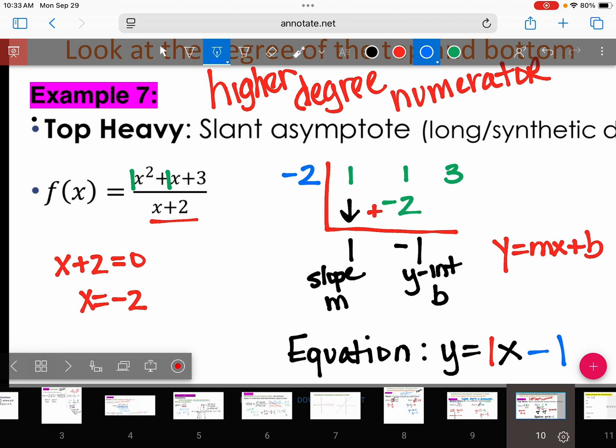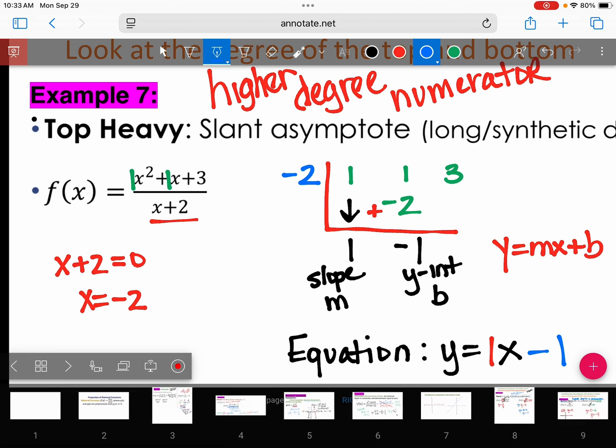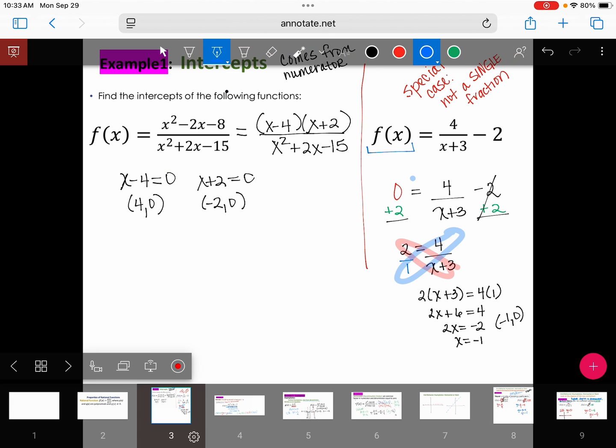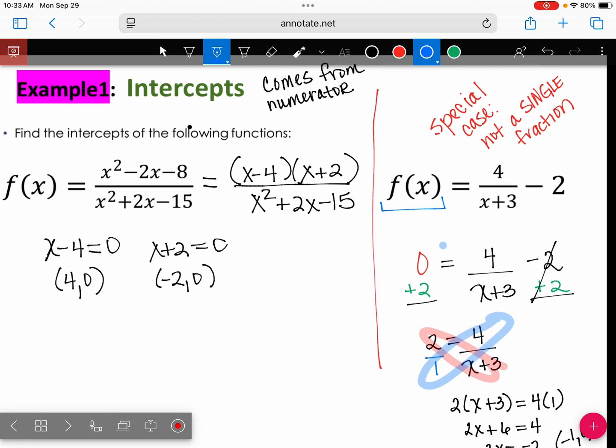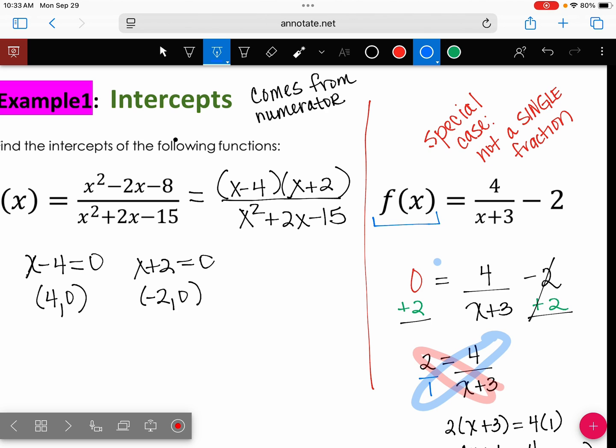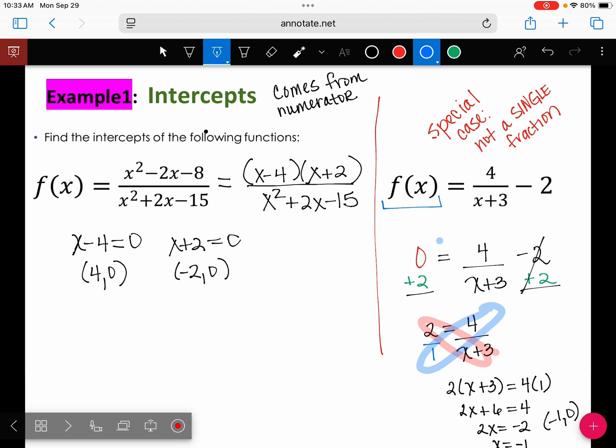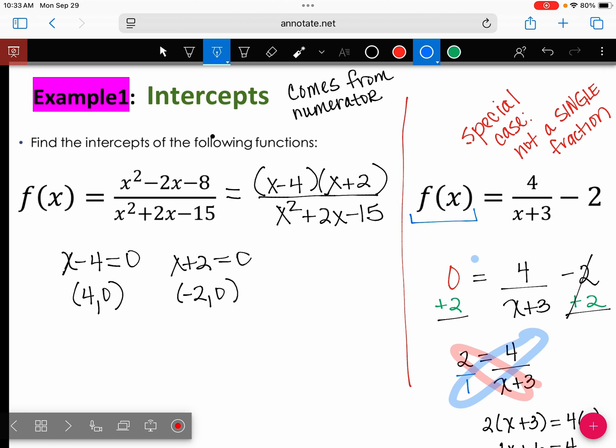So just because we have time, I'm going to go back through and just recap what we talked about. First thing we talked about was our intercepts, more specifically the x-intercept. We'll talk about the y-intercept when we start graphing these in class.